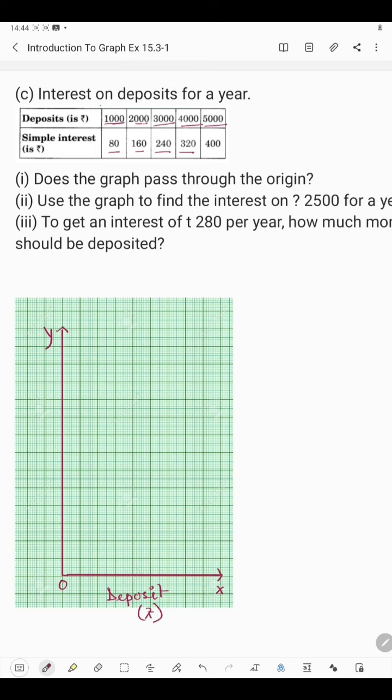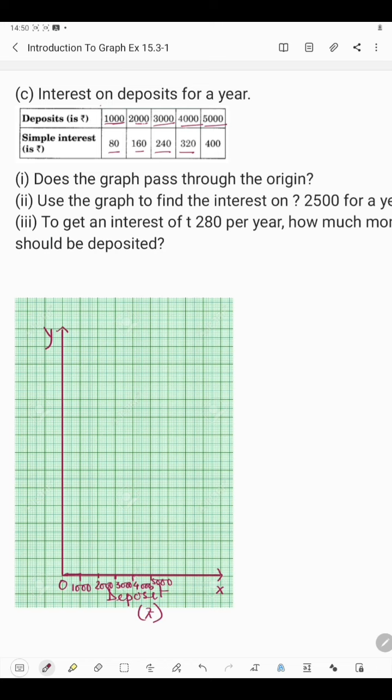Okay, here it is given 1000, 2000, 3000, 4000, 5000. So here we are considering 1 unit, it means 1 box is equal to 1000. So here will be 2000, then here 3000, here 4000 and here 5000. Okay. So the scale on the x-axis is 1 unit equals 1000 rupees.